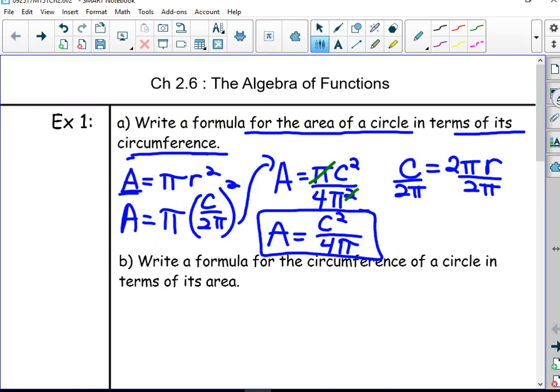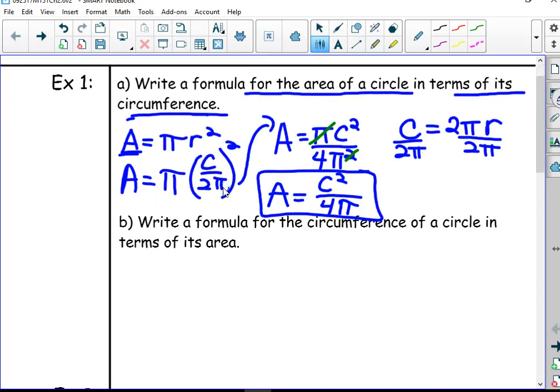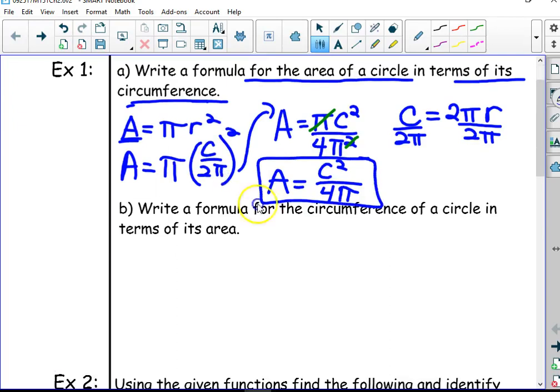And like in the first two problems in the quiz on XYZ homework, now we want to do it the other way. So we're going to write a formula for the circumference of a circle in terms of its area. Now, I'm going to solve A for r. And my pi looks terrible.